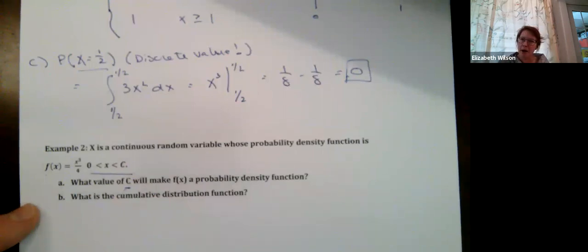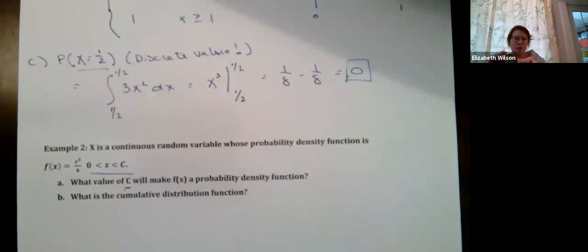So when we summed up, we said to make this a valid density function, all of the probabilities under this curve within our range of values have to sum up to be equal to 1. So that means when I define a range of values for this particular density function, between 0 and C, whatever that is, the area under the curve has to sum to 1.